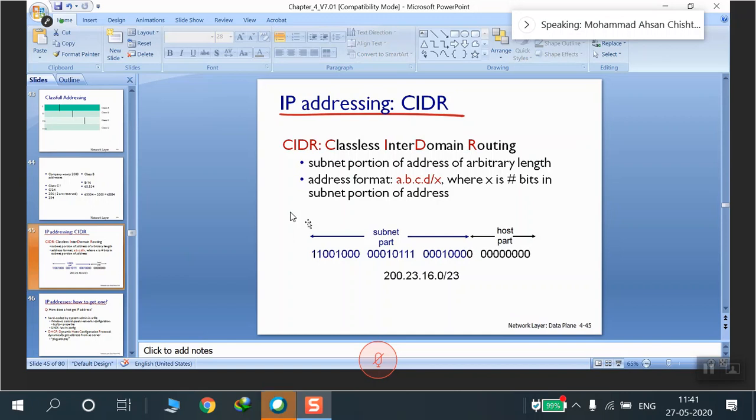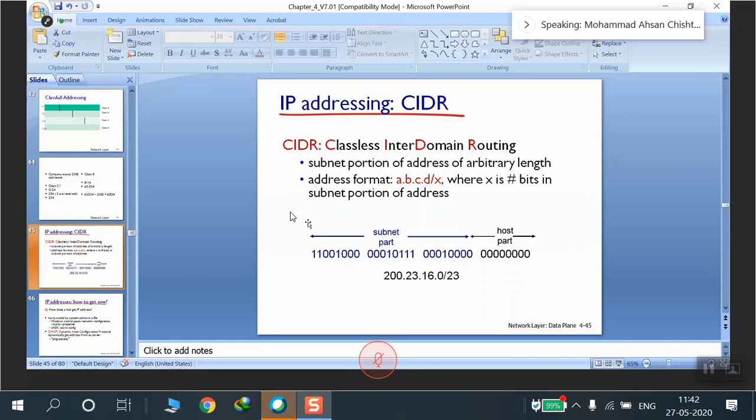It's not necessary that it be 8, 16, 32, and so on. Let it be X, where X denotes any number, not a fixed one. These networks came to be known as CIDRized networks, CIDR network addresses.